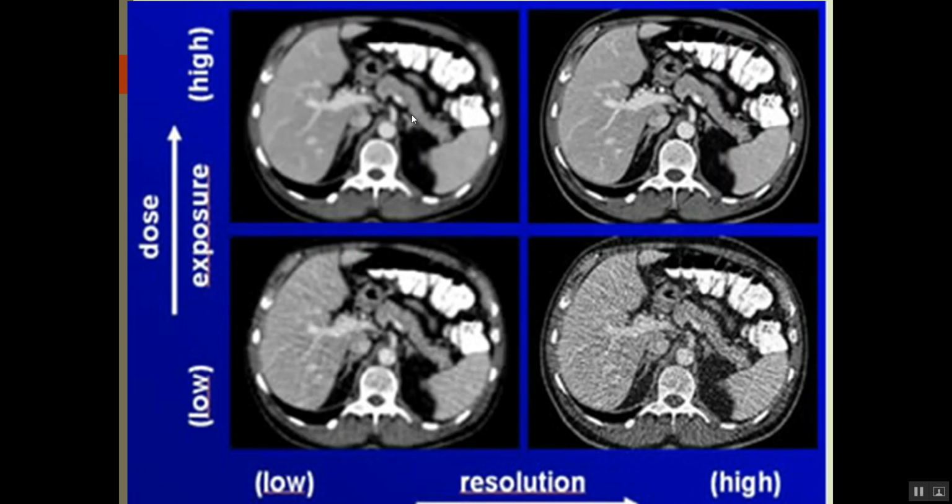So if we increase the milliampere and kV to a higher value, like for babies or children, you will get a very smooth image and lose the resolution. So you have to be careful in selecting the proper milliampere for your case.